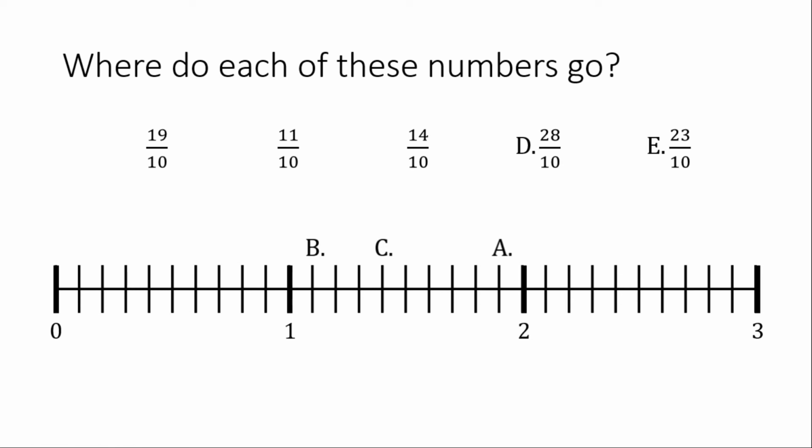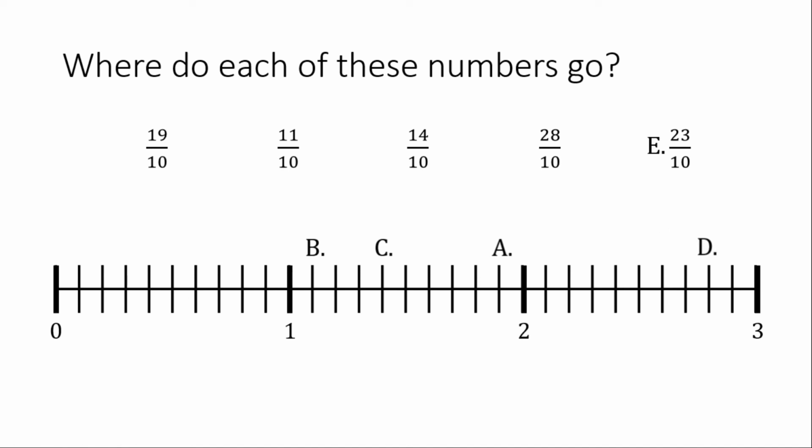Fraction D, 28 tenths. So what digit is before the ones digit? 2. So we're going to start at 2, and then count how many tenths? 8. 1, 2, 3, 4, 5, 6, 7, 8.